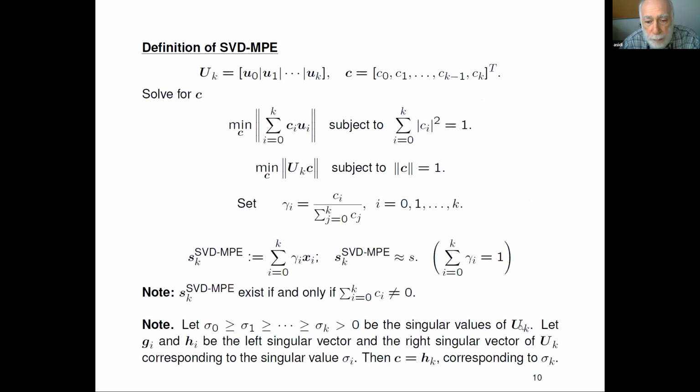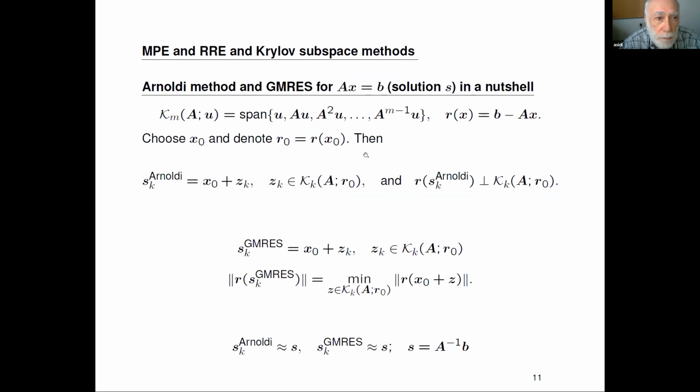So you take your matrix U sub k here, you take a singular value decomposition. The smallest singular value has a corresponding right singular vector and left singular vector. So the right singular vector corresponding to sigma k, the smallest singular value, that is your c. This is the c, and then with the c, you form the gammas.